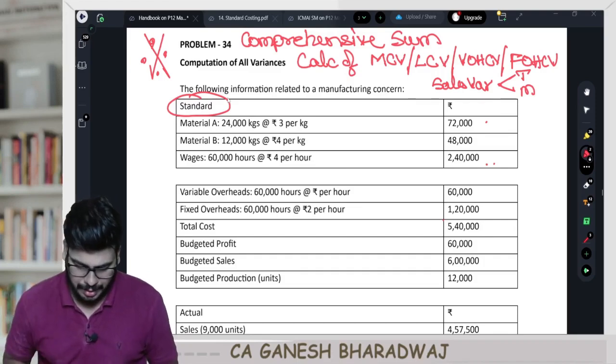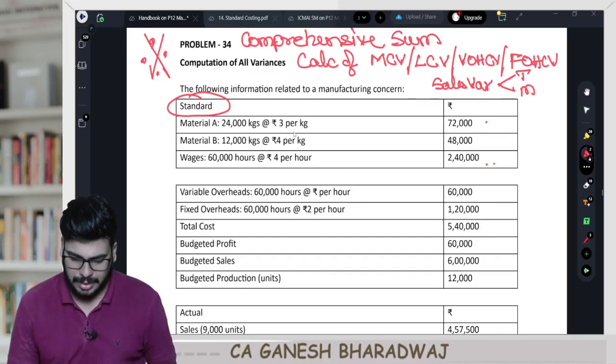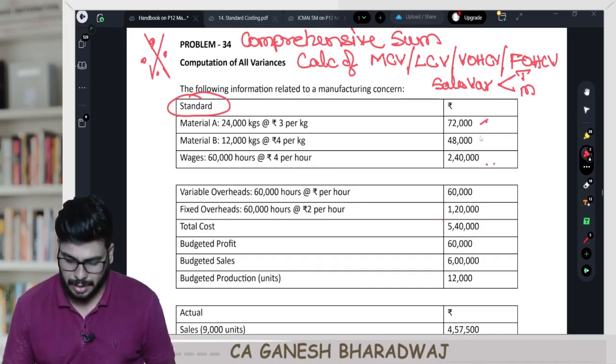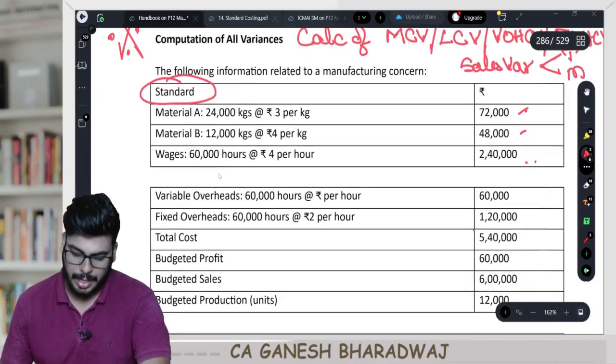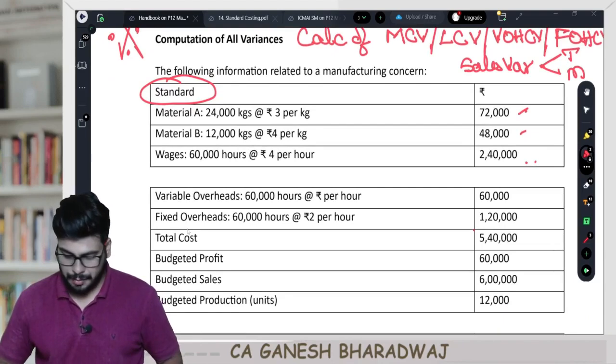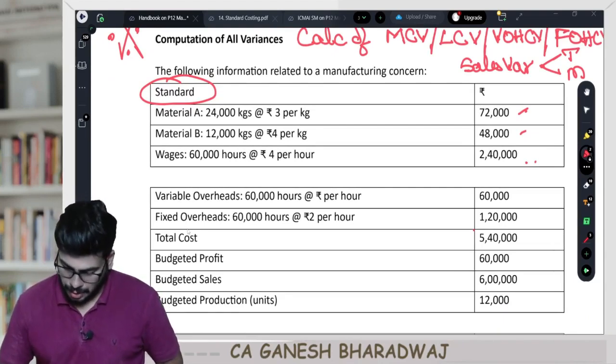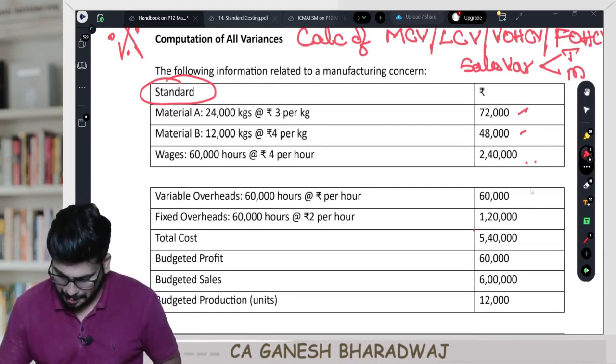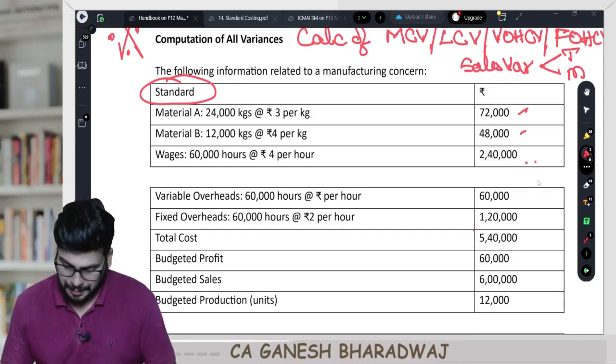Now, first they have given material A 24,000 kgs at the rate of 3 per kg, 72,000 rupees. Material B 12,000 kgs at the rate of 4, it's 48,000. Wages is 60,000 hours at the rate of 4 per hour, it's going to be 2,40,000. Variable overheads is 60,000 hours at the rate of rupee 1 per hour, it's going to be 60,000 rupees.